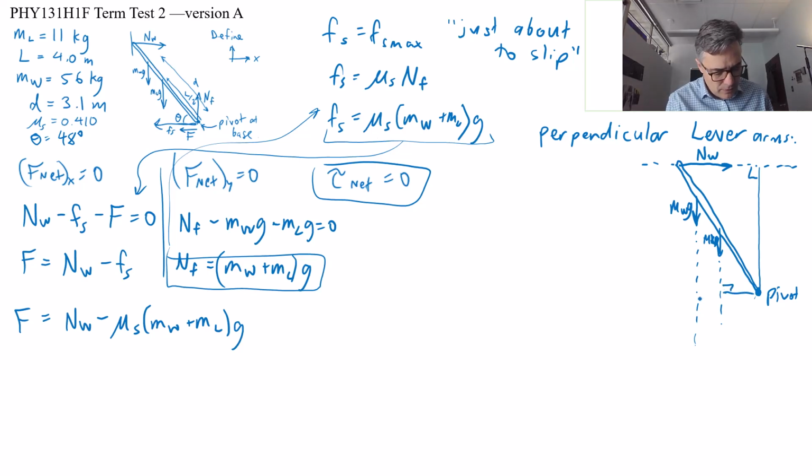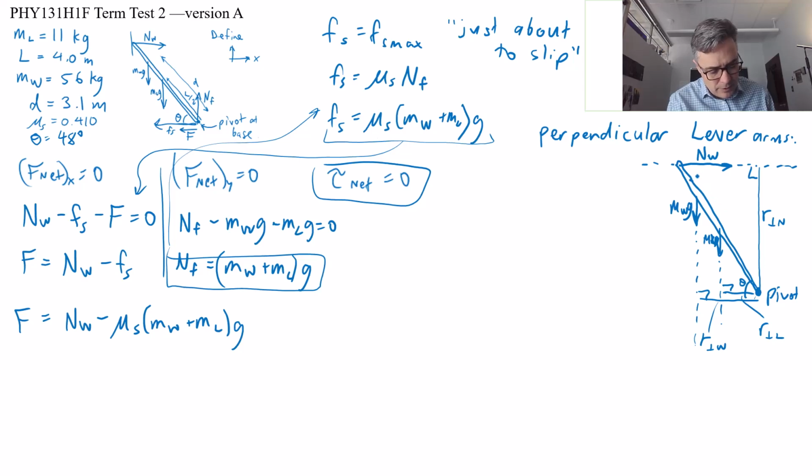So these ones are in that same direction there. I'm going to call this R perpendicular for the normal. I'm going to call this little one here R perpendicular for the ladder, and this bigger one R perpendicular for the woman. And there's your angle theta right here.